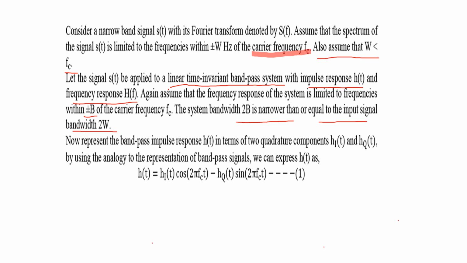Now represent the bandpass impulse response h of t in terms of the quadrature components hi of t and hq of t. By analogy with the representation of bandpass signals, we can represent h of t in terms of its in phase and quadrature components as h of t equals hi of t cos 2 pi fct minus hq of t sin 2 pi fct.